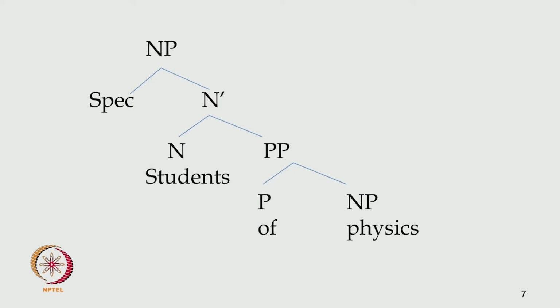When we start looking at larger phrases, then we see how they are connected. So in this NP, we see the head of this phrase is a noun, and then a PP is its complement, and then again that PP is headed by a P with an NP complement.